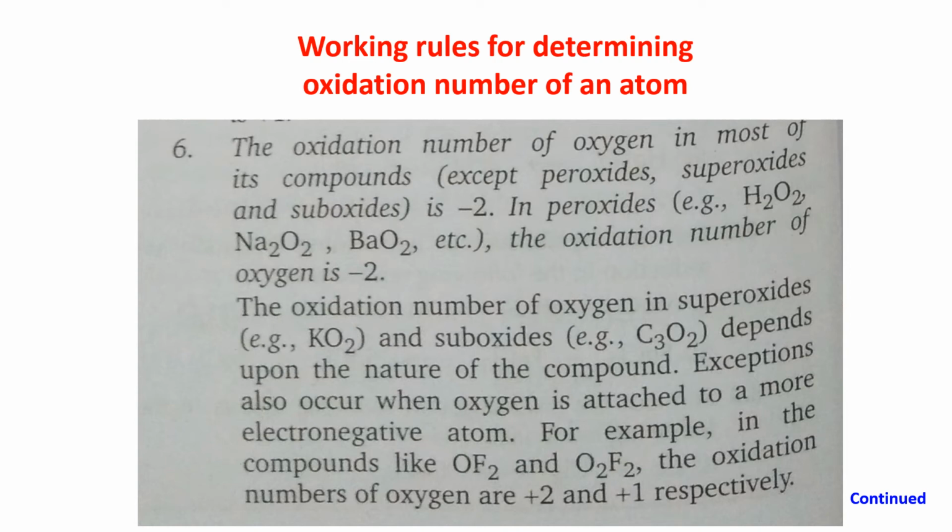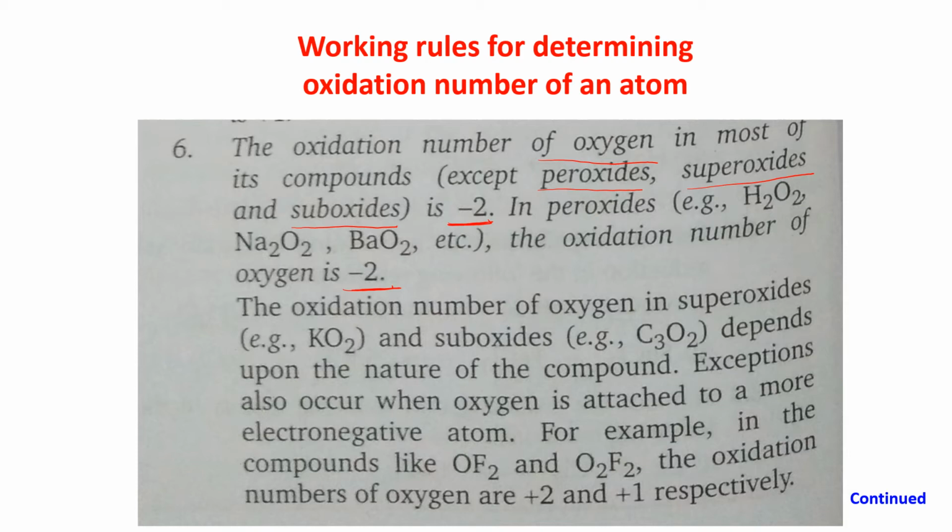Number 6. The oxidation number of oxygen in most of its compounds except peroxide, superoxide, suboxide is -2. In peroxides, H2O2, Na2O2, BaO2, the oxidation number of oxygen is -1.